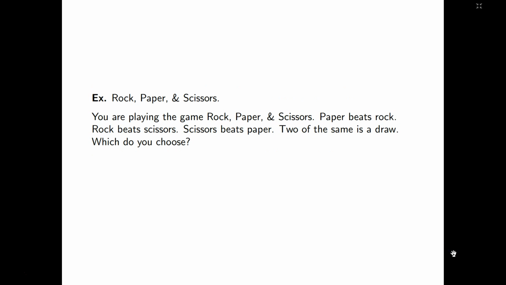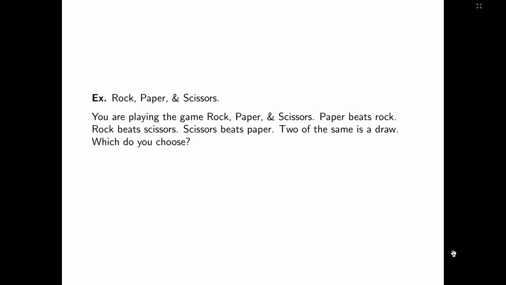So let's start looking at some classic games, just so we have some examples in mind. Rock, paper, scissors is a classic game that I'm sure we've all played. Paper beats rock, rock beats scissors, scissors beats paper. Two of the same is a draw. Which do you choose? Well, which you choose depends on what the other player is going to do.